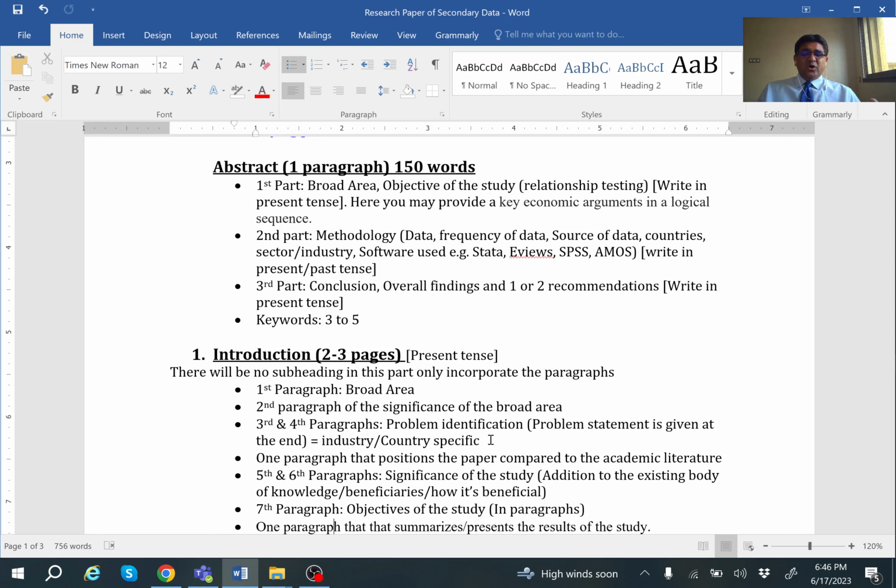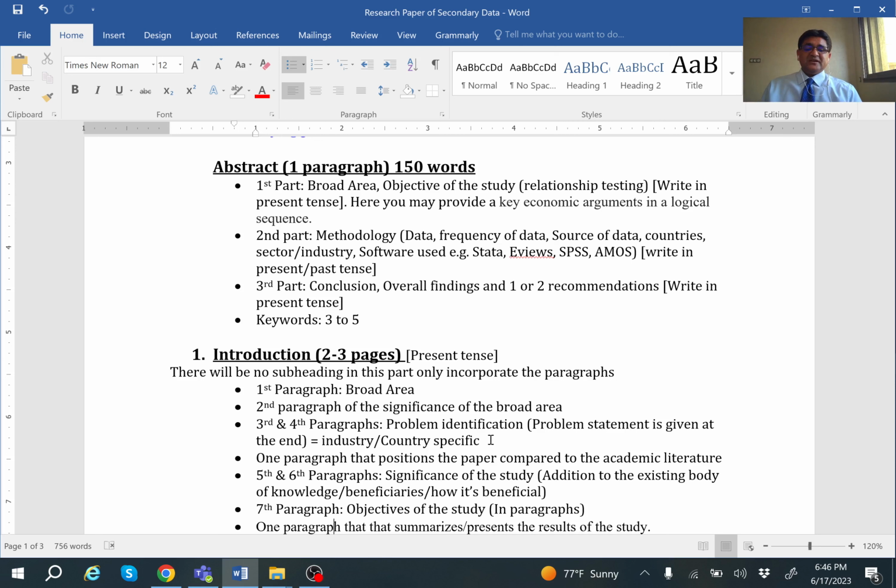That means how much your work is different, how much your work is bringing value into the literature. You have to write 1 or 2 paragraphs about the importance of your work, which we normally discuss in the problem identification, as well as how different your work is from the available work, and the significance of your research.